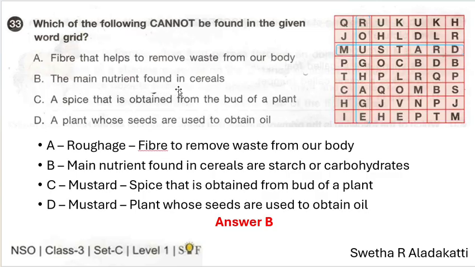B, the main nutrients of cereals are starch and carbohydrates, which is not found here. C, a spice obtained from the bud of a plant whose seeds are used to obtain oil, both is mustard. Mustard oil, sarson ka tel, we have it, right? So C and D are also there. What cannot be found in the word grid is option B.